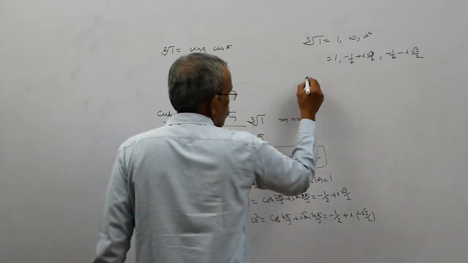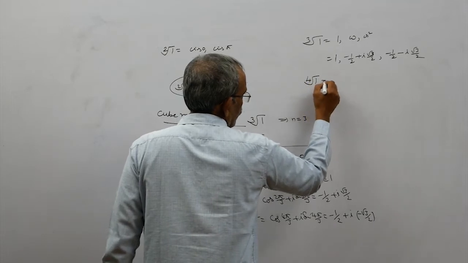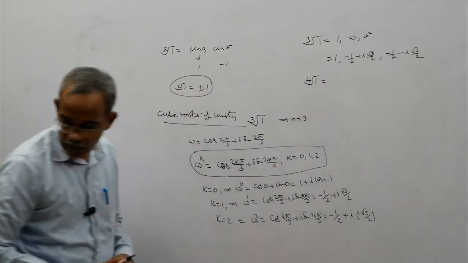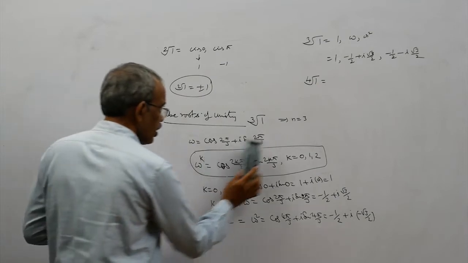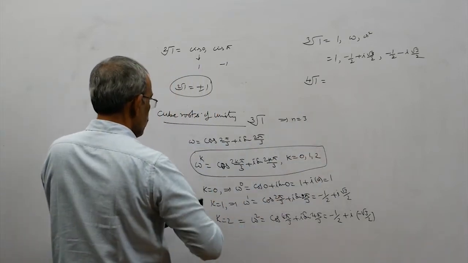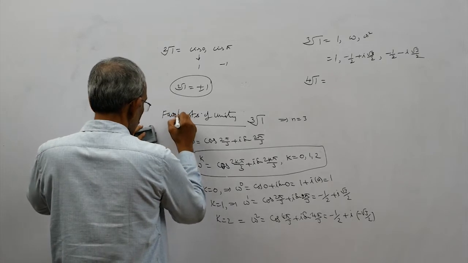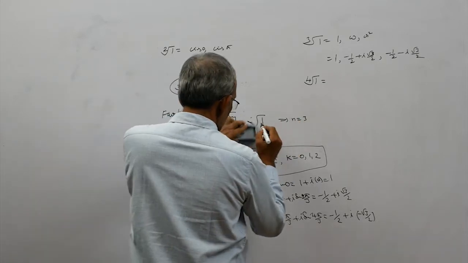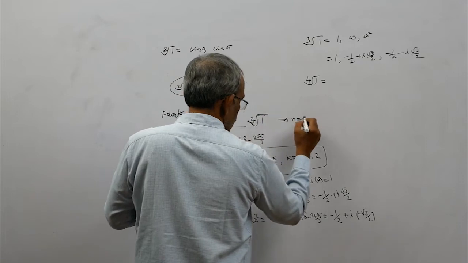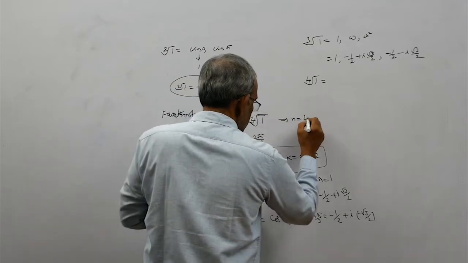Similarly, fourth roots of unity. To write the fourth roots of unity, omega is equal to, fourth roots of unity means n is equal to 4. Fourth root of 1, that means n is equal to 4.